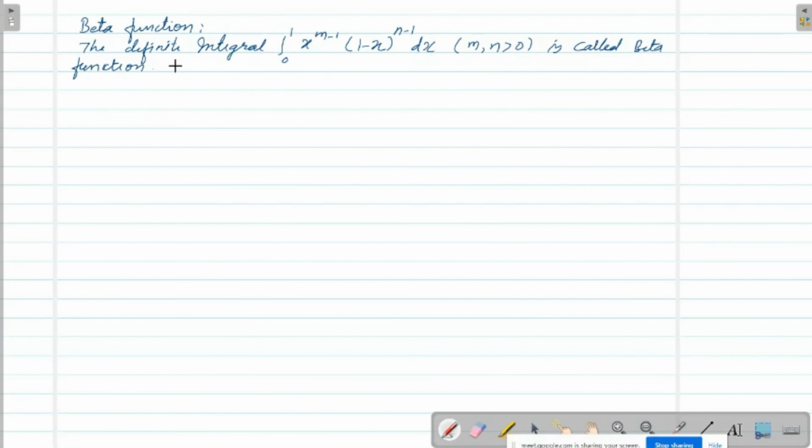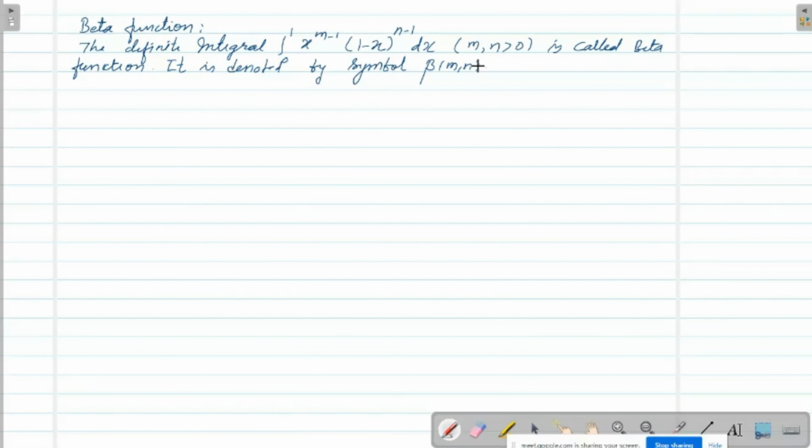It is denoted by the symbol beta of m n.